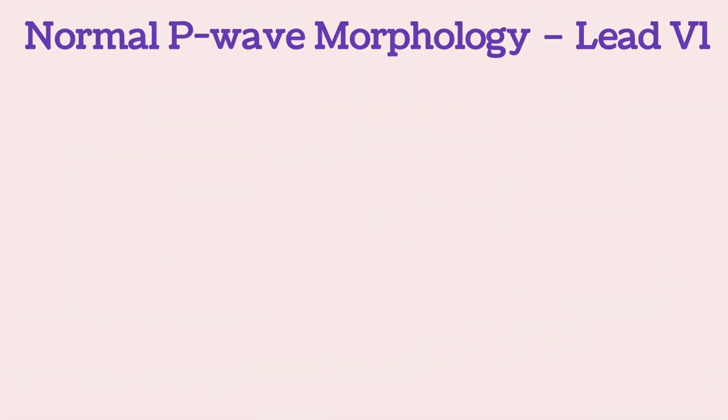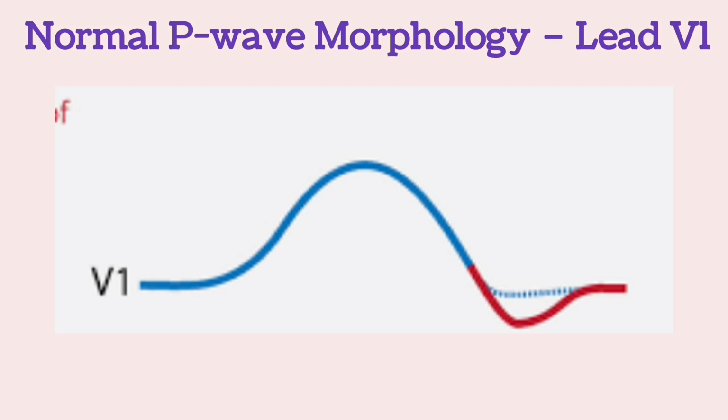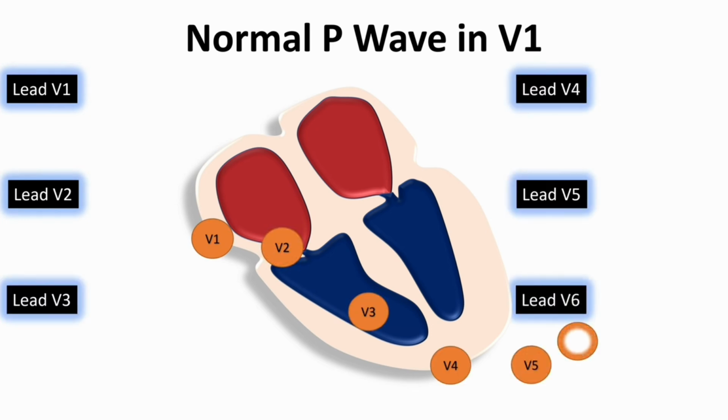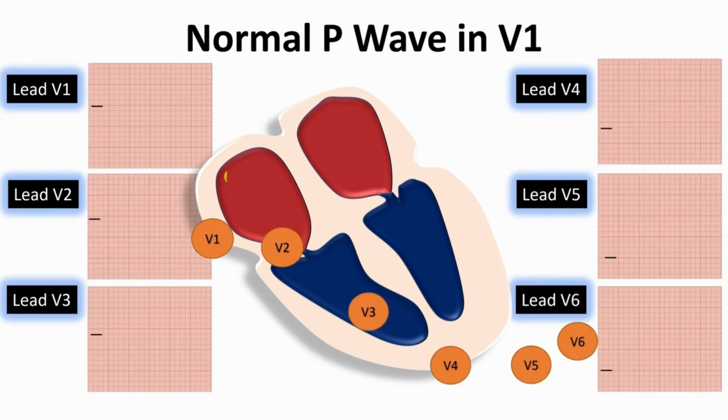Normal P wave morphology in V1. P wave is typically biphasic in V1 with similar sizes of positive and negative deflection. The V1 ECG lead is positioned at the fourth intercostal space to the right of the sternum, as the right and left atrium depolarize sequentially. First the right atrium depolarizes, then the left atrium.